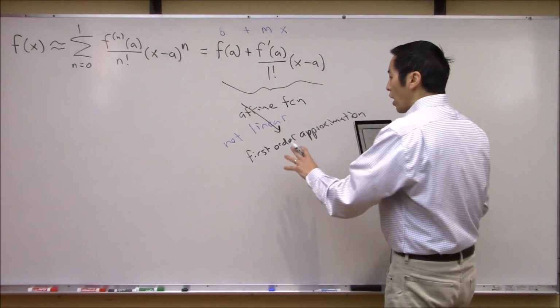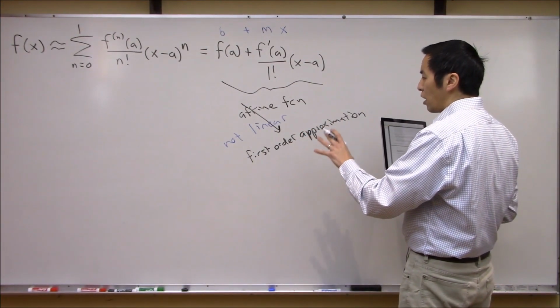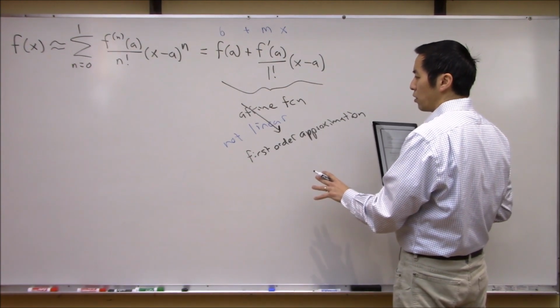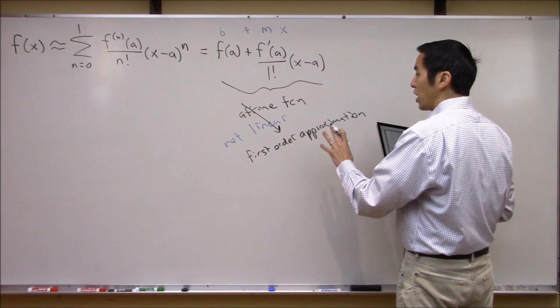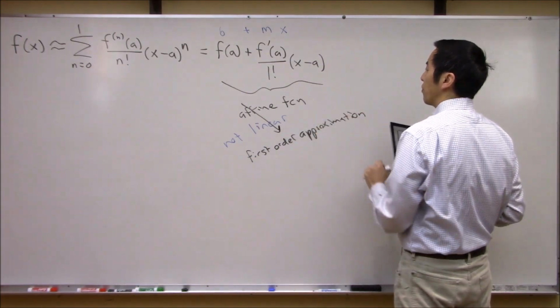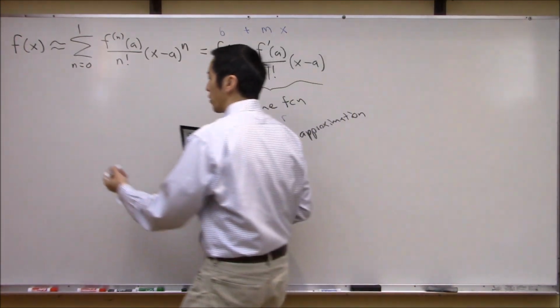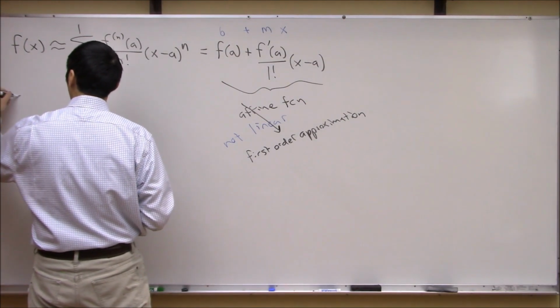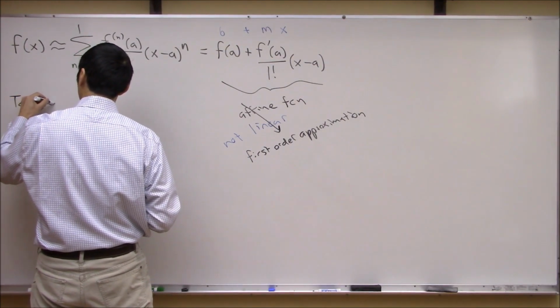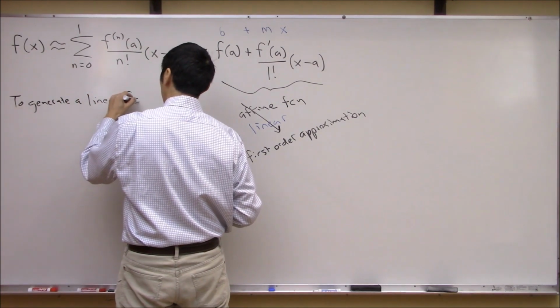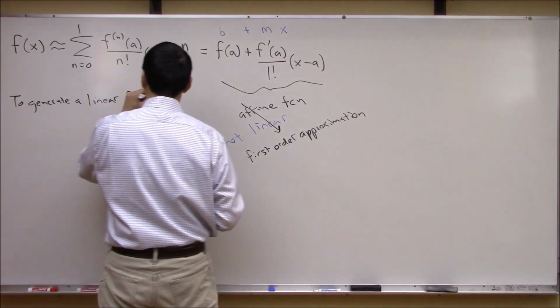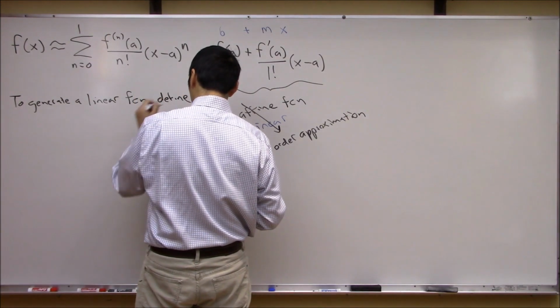So if we want to use Taylor series to obtain a linear system, or a linear function, what we're going to actually have to do is define perturbations from this point. So let's quickly write this down. To generate a linear function, we're going to go ahead and define perturbation.